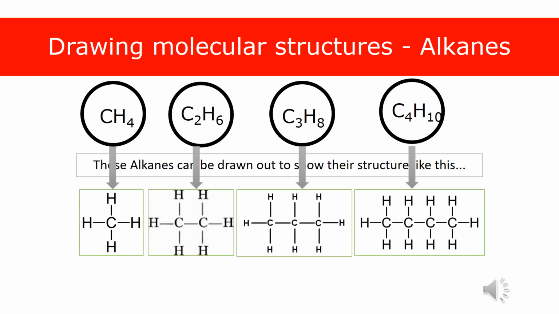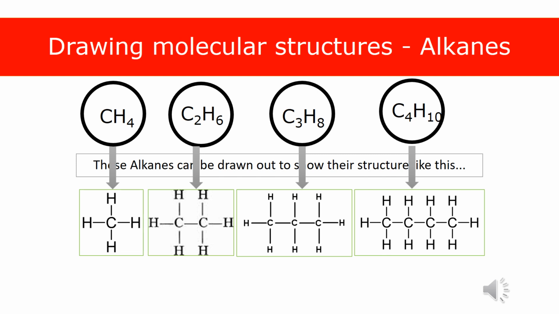Right, on this slide we are going to look at the molecular structures for alkanes. So we are going to start from methane first. Methane contains one carbon atom which is covalently bonded with 4 hydrogen atoms. Ethane, you have 2 carbon atoms which are covalently bonded with 6 hydrogen atoms.